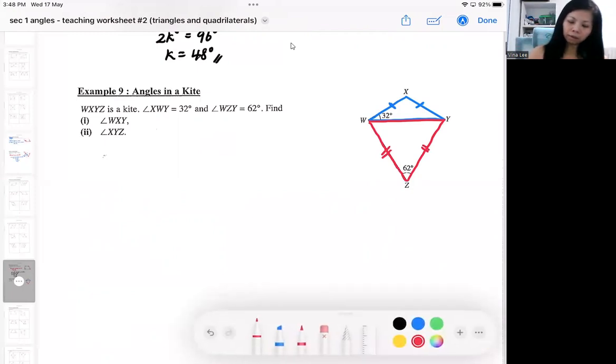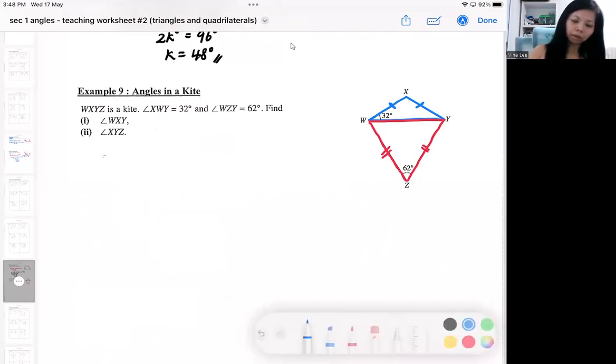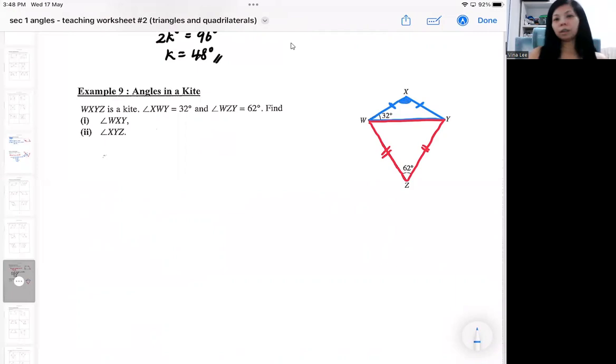For the first part of the question, I'm supposed to find WXY. In order to find this blue angle, you must recognize the isosceles triangle. You have to explain XYW is 32 degrees because that's the base angle of an isosceles triangle.